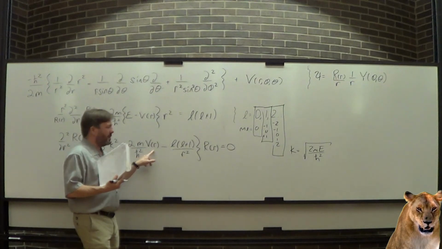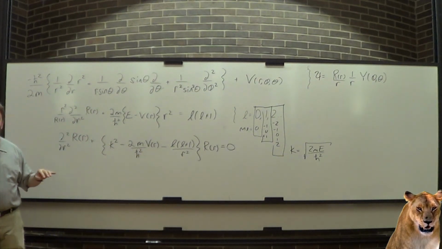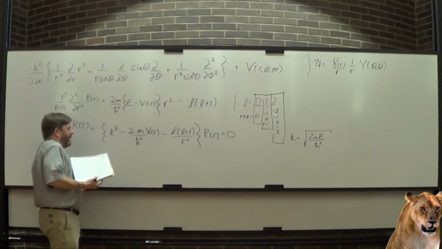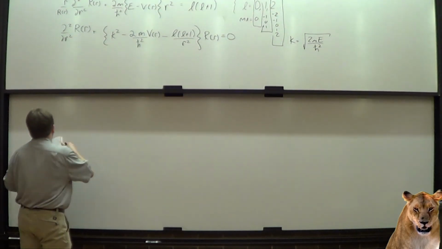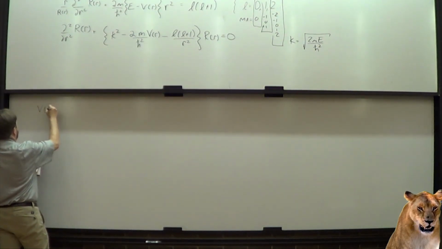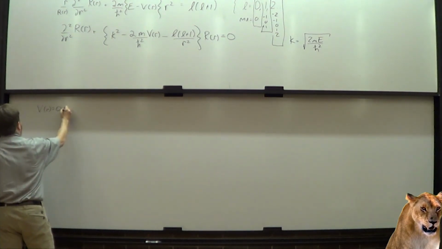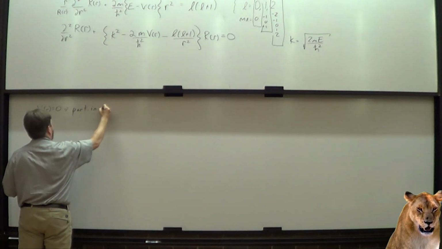All you have to do is plug in your potential. If you plug in 1 over r and you use natural units, you're going to solve the hydrogen atom. If you plug in, which is what we're going to do, then you're doing particle in a sphere.